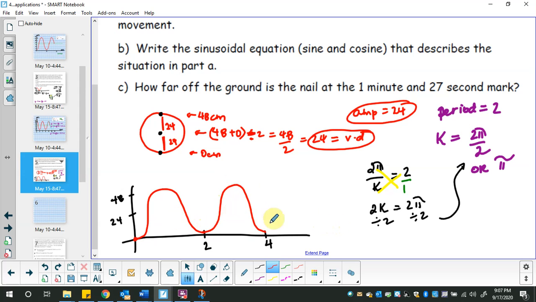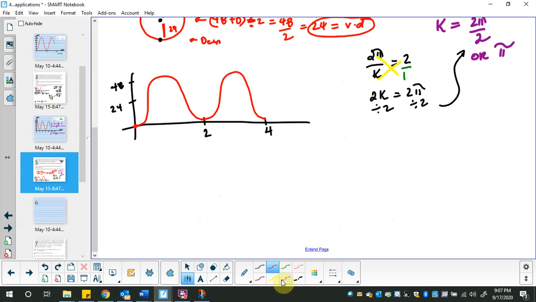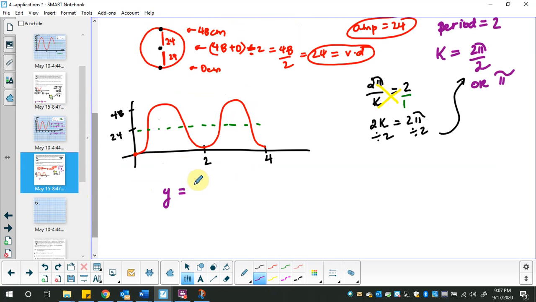So let's see if we can come up with an equation. My amplitude is 24. My vertical displacement is 24. I have a sine or cosine curve with a k value of 2 pi over 2.